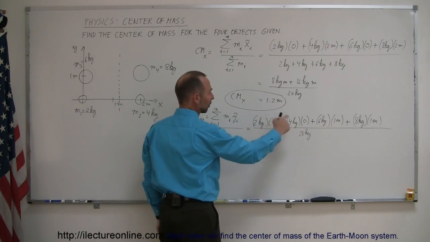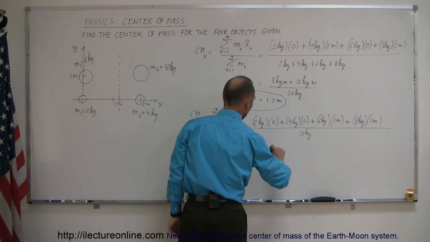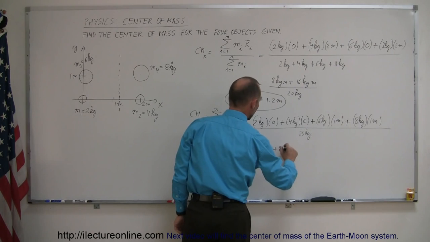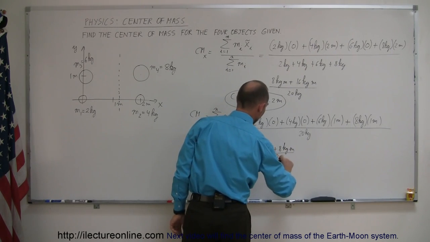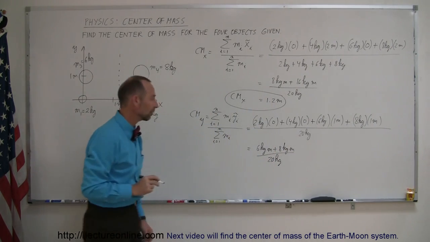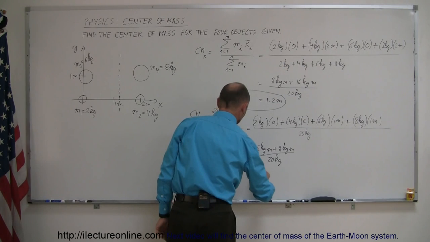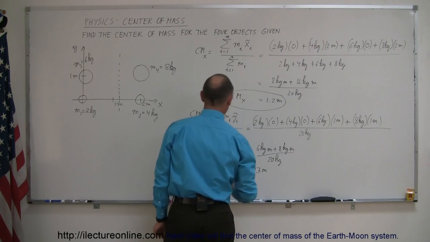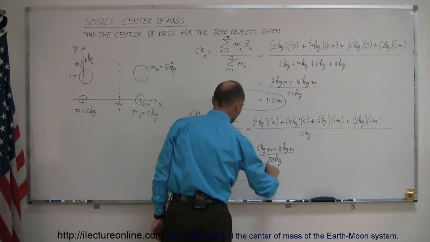Simplifying, we have 0 plus 0 plus 6 kilogram meters plus 8 kilogram meters divided by 20 kilograms. The kilograms cancel out, and that's 14 divided by 20, which is 0.7 meters. So the center of mass in the y direction is 0.7 meters.